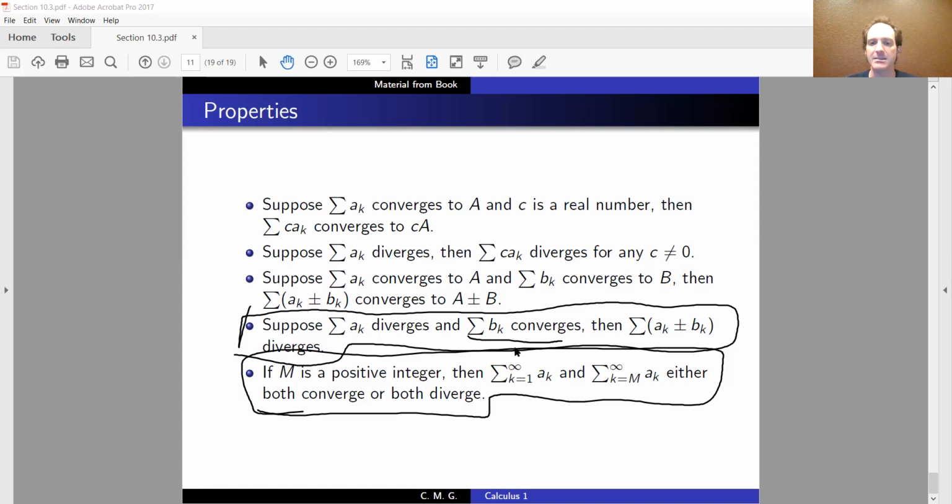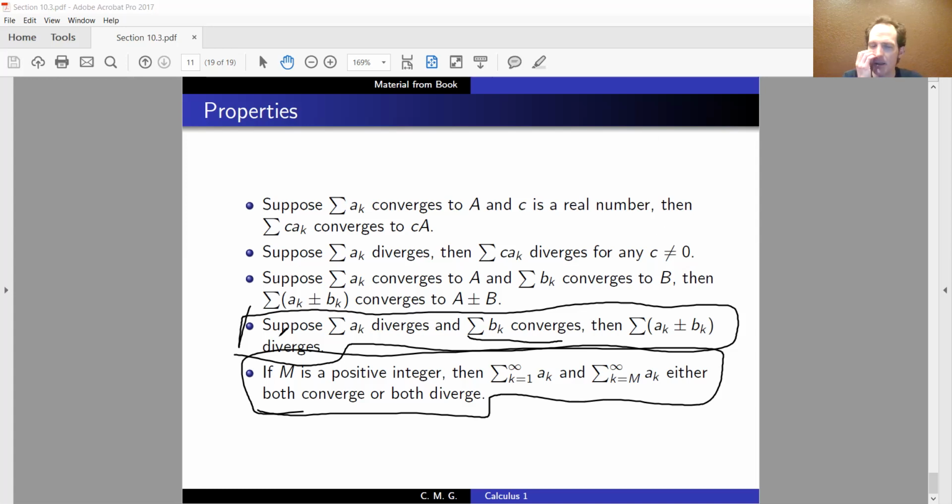They cannot switch convergence to divergence or divergence to convergence by throwing terms out at the beginning. Throwing an infinite number out at the end, that may happen, that you get a convergent sequence from a divergent one, but it's not going to diverge if you throw out an infinite number of things. It's still going to converge in that situation.